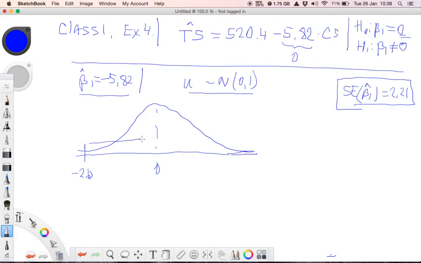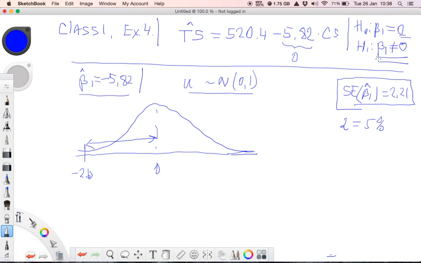Now we still don't know whether this value is significantly different from 0. One thing we know is that we are told to test the hypothesis at the 5% level, right? And we are also told this is a two-sided test, not equal to 0. We don't know the direction of the alternative hypothesis here.